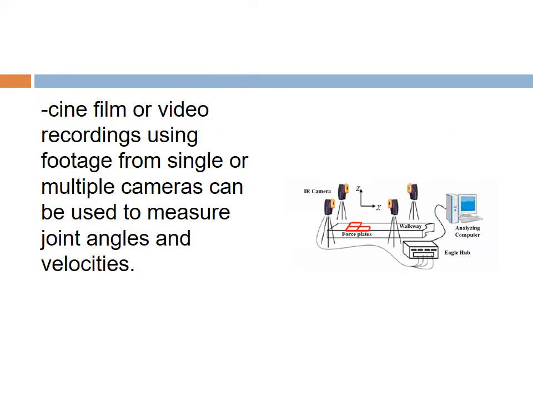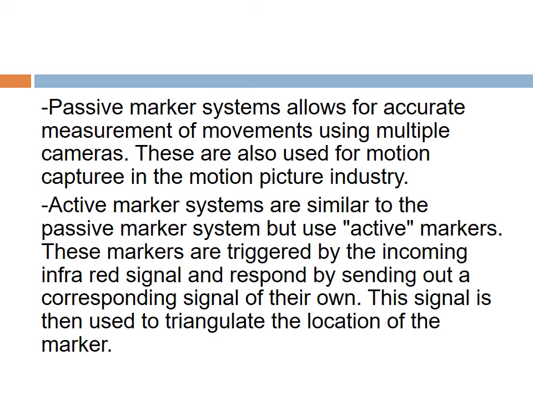Cinefilm or video recordings using footage from single or multiple cameras can be used to measure joint angles and velocities. Passive marker systems allow for accurate measurement of movements using multiple cameras. These are also used for motion capture in the motion picture industry.